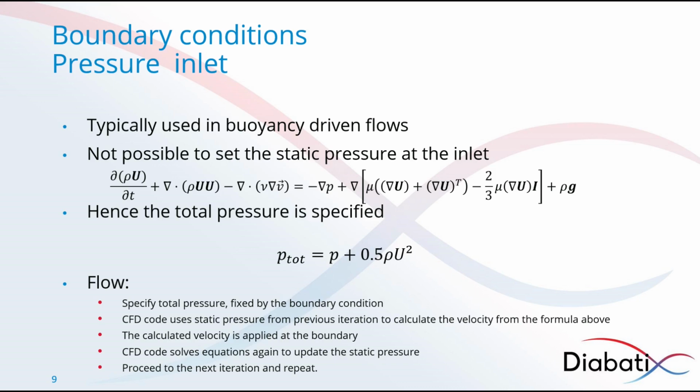So basically, a pressure inlet works very similar to a fixed flow rate inlet, but while for a fixed flow rate inlet the velocities are kept constant every iteration, for a pressure inlet the velocity varies at each iteration. Pressure inlets are typically used in combination with pressure outlets.